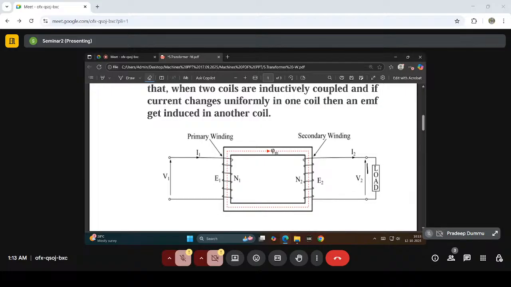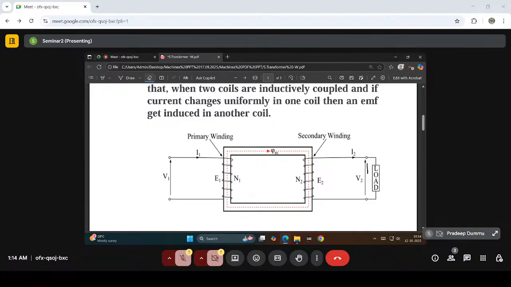How does it transfer? 1 2 3 4 5 6 turns. How many turns are there? 6 turns, the same, 1 2 3 4 5 6 turns. To explain the transformer I have taken equal turns. When there are equal turns, there is no step up and no step down. More turns and fewer turns is step down. More turns 220, fewer turns 6 volts.